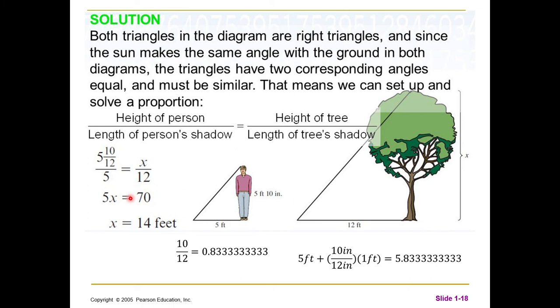Yan. 10 kasi yung, ano yan, yung pag minultiply natin dalawa, mali. Hindi natin naisama yung 5. Okay, so pag dinivide both sides by 5, we have 14 feet. Diba? Yan. So, nagkakaintindihan. So, height daw ng tree ay 14 feet. Ganun siya kataas.